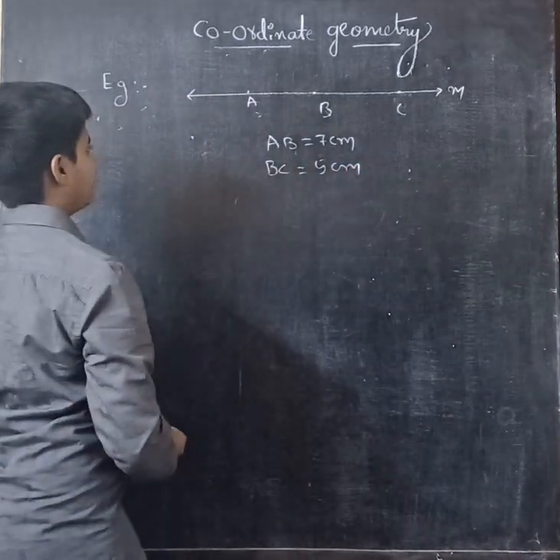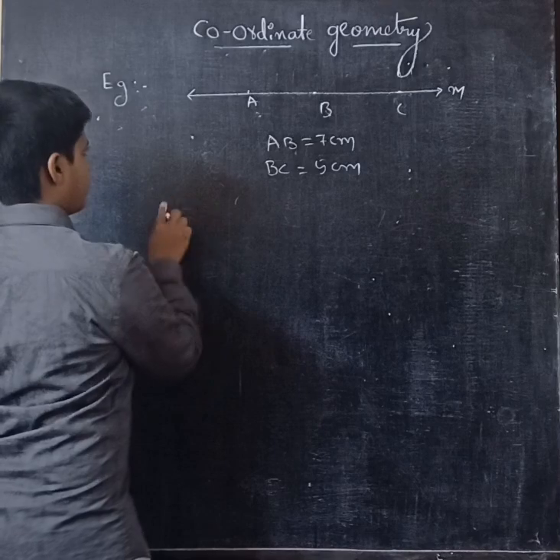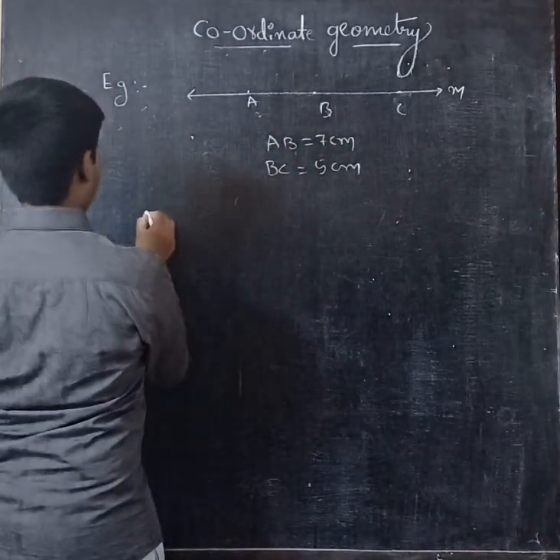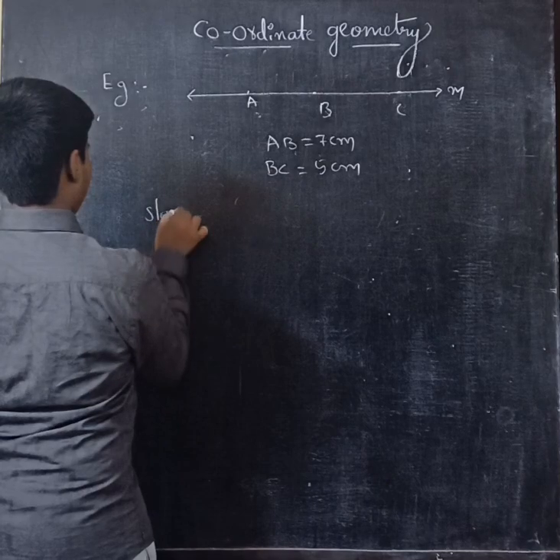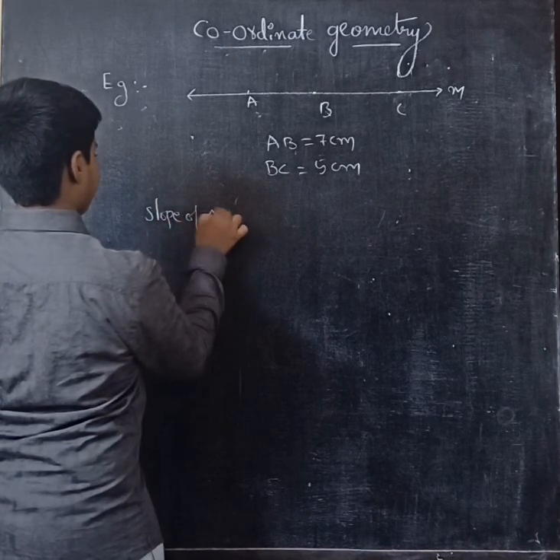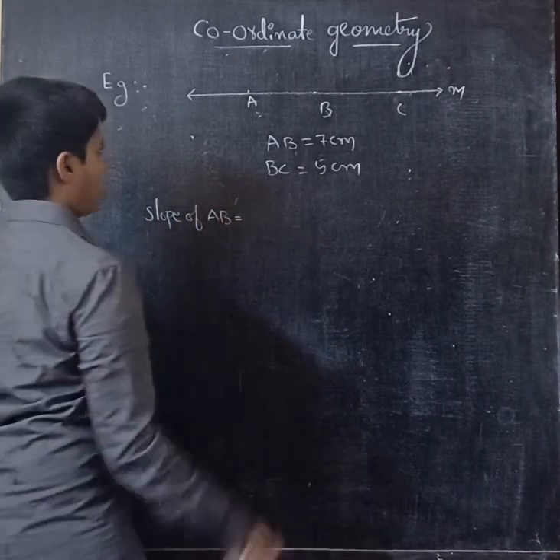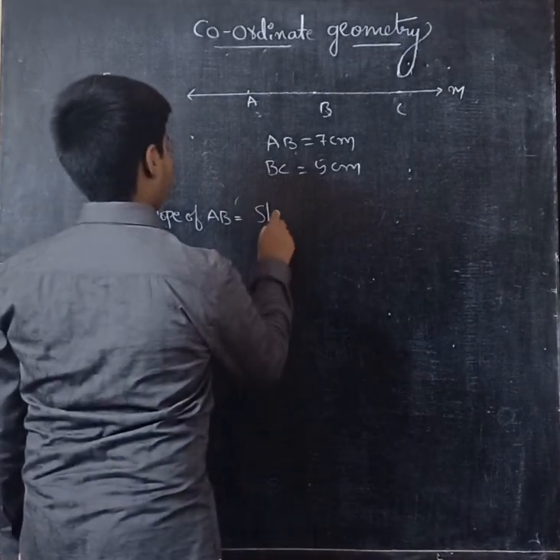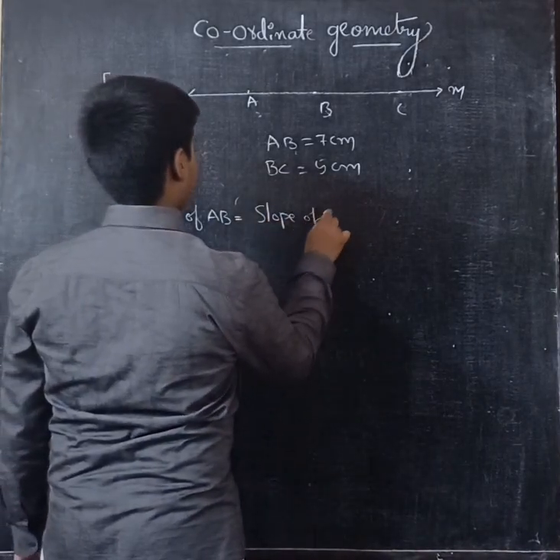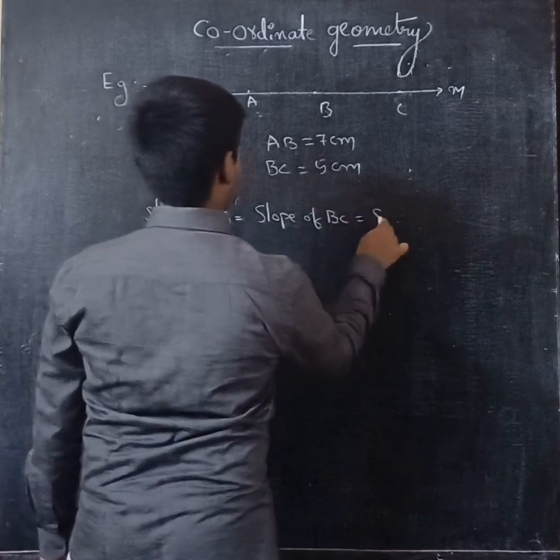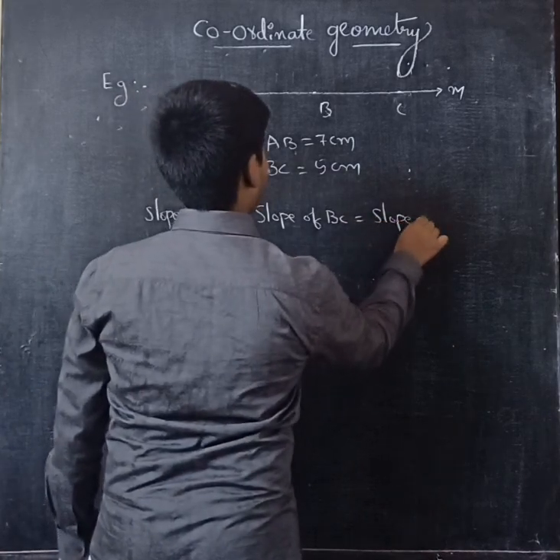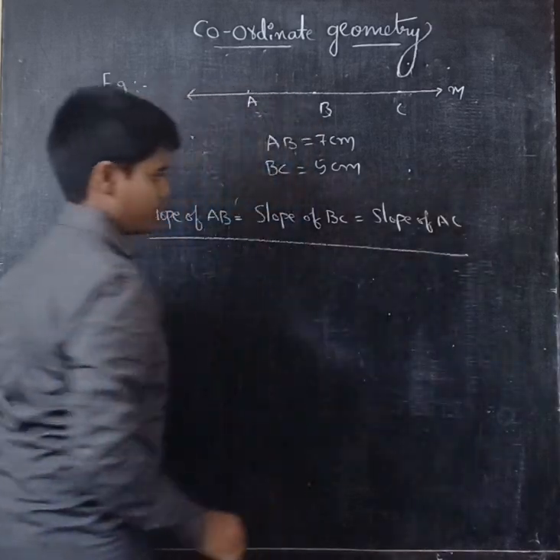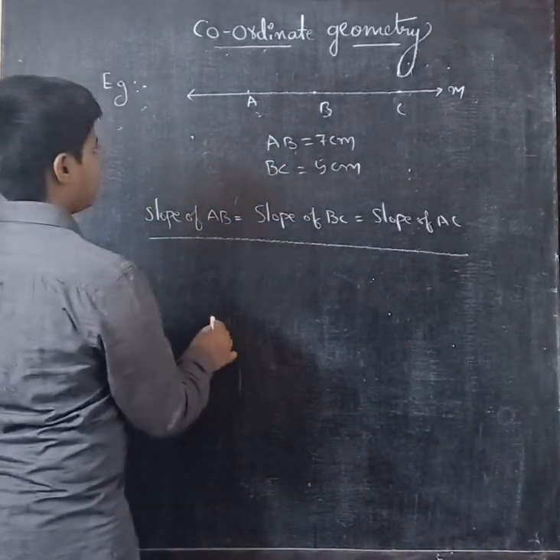If these 3 points are collinear, then how to find the slope of AB, the slope of BC and the slope of AC? Comment in the comment box.